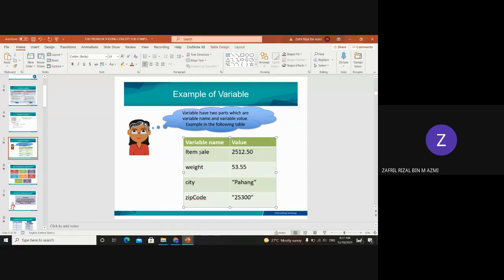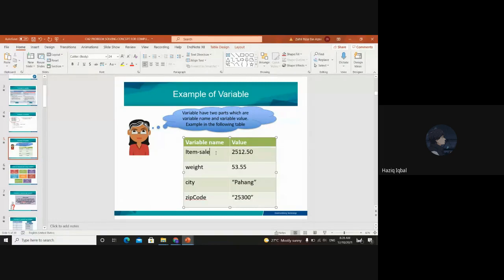So is this wrong or correct, class, if I put it like this? Is there any space? No. So it is correct; this is the correct way to write a variable name. Is this one correct or wrong, class? Just guess first. Wrong. Why wrong?